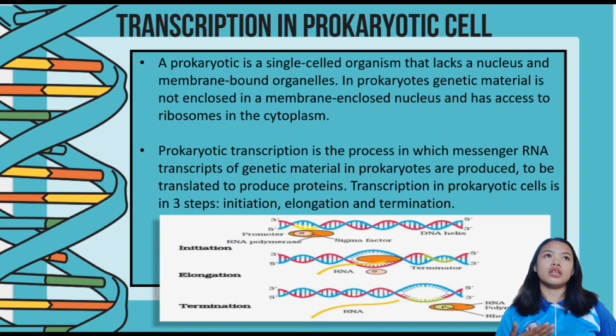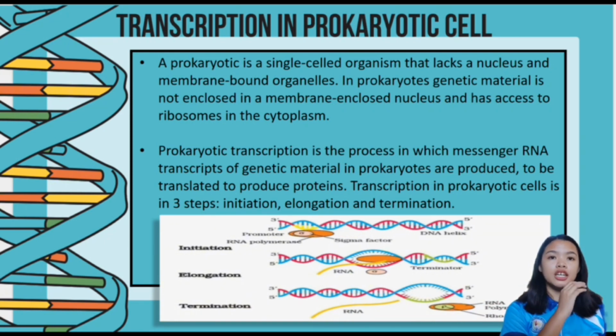Bacteria such as E. coli fall under prokaryotic cells. Prokaryotic transcription is the process in which mRNA is produced from the genetic material in prokaryotes, to be translated into proteins.